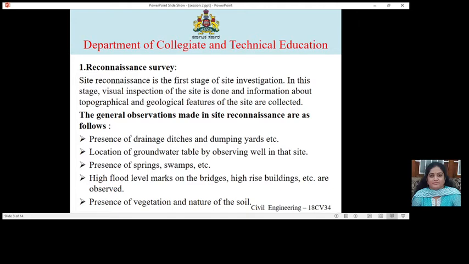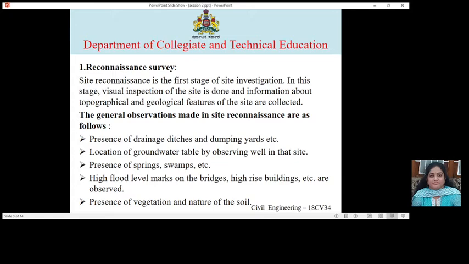You will go and visit the site and check what the existing condition of the soil is. So the general observations made in the site reconnaissance are as follows. One is the presence of drainage ditches and dumping yards, etc. Location of groundwater table by observing a well in that site if it is there.